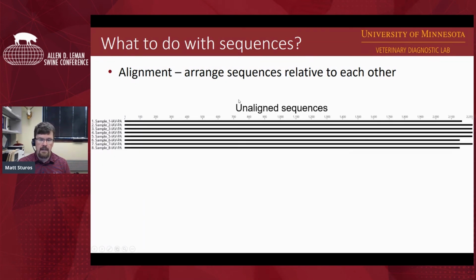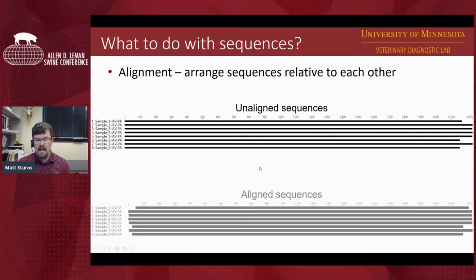And so this would be an example of 8 influenza A virus PA segments that have been sequenced. These are unaligned. When I look at them, I notice that at the tail end, they're slightly different lengths. Well, when you look at that, we're not sure if the start of the sequence that these would map to starts at number 1, or would it start somewhere else.